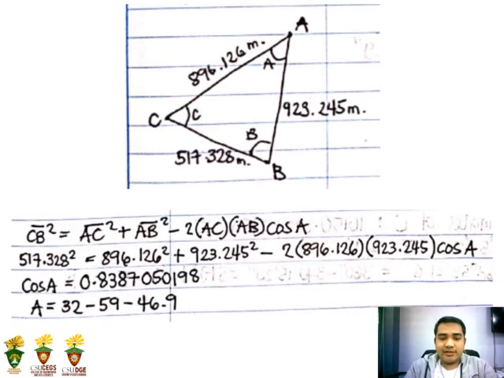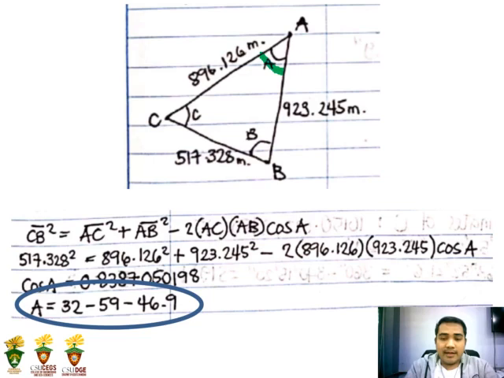Next is to determine the angle A. Earlier we got C, now angle A. To solve that, from the accompanying figure above, to get the angle A, we need this formula: CB squared is equal to AC squared plus AB squared minus 2 times AC times AB cosine the angle A. Substitute all the values above.